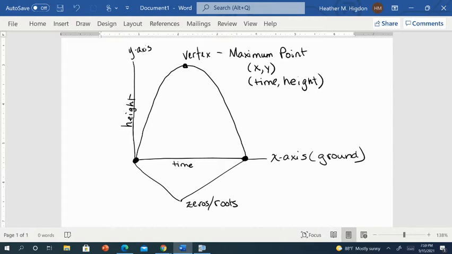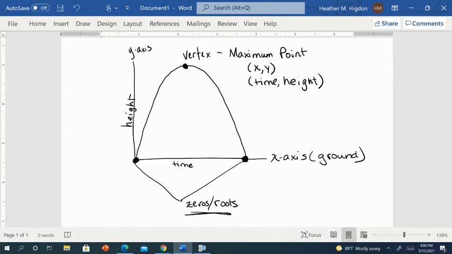All of these are going to be quadratics. A projectile, which is something that is thrown, always creates a parabola. In a parabola, the points at which the parabola hits the x-axis are called the zeros or roots. Basically, it's where the object starts on the ground or comes back down to the ground.